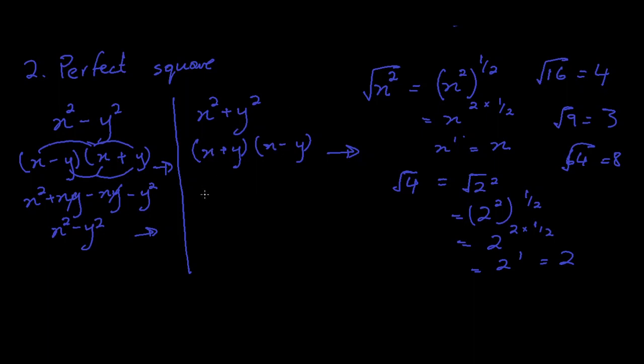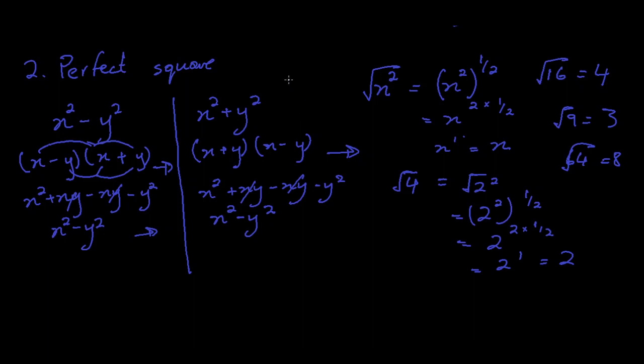So here we're going to have x squared plus xy minus xy minus y squared. Since the terms are the same but with different signs, they're going to cancel each other out. Then you have x squared minus y squared.